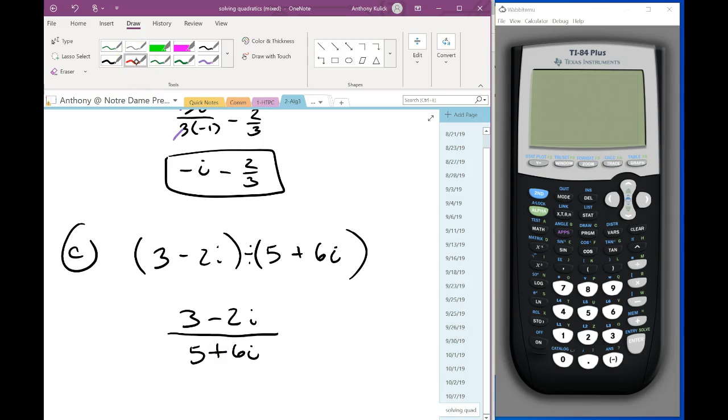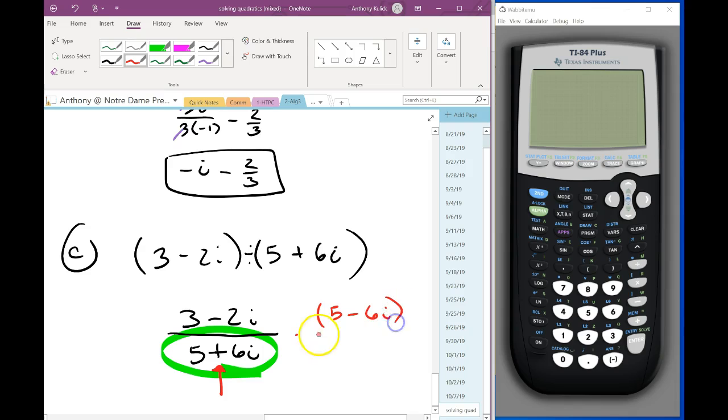Everybody okay with that? And now I'm going to multiply by the conjugate of this denominator. What is the conjugate of 5 plus 6i going to be? It's going to be the same thing, except the sign in the middle needs to be the opposite. So I'm going to multiply the top and bottom by 5 minus 6i.